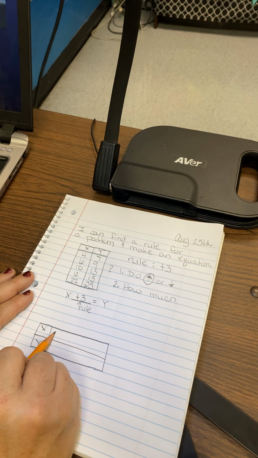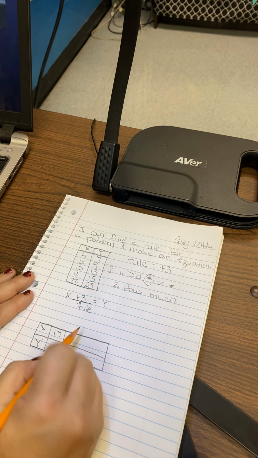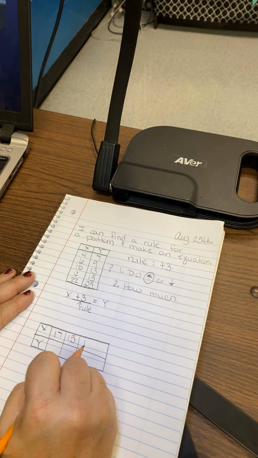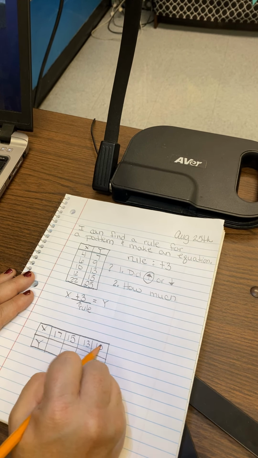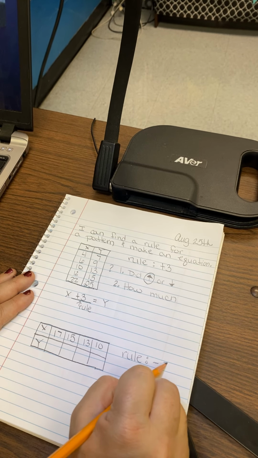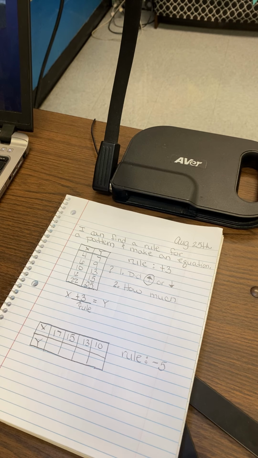And this time I'm going to give you the rule, and we're going to try to find our y's. Okay? So you're going to draw your box. You're going to have your x on top because you always have your x number first. Then you'll find y. And this time I've given you the rule, minus 5.